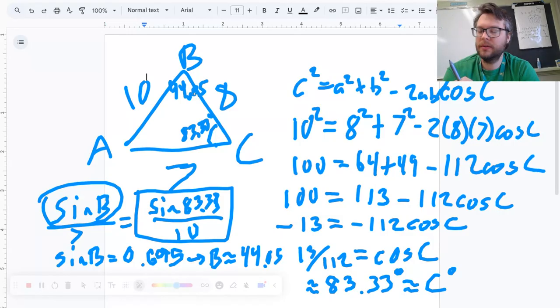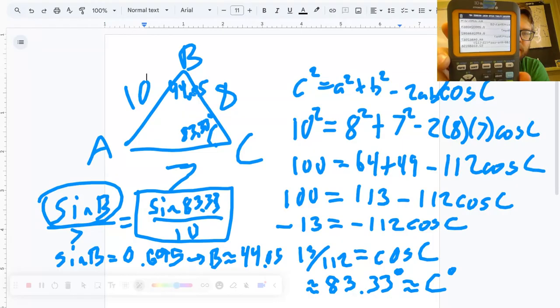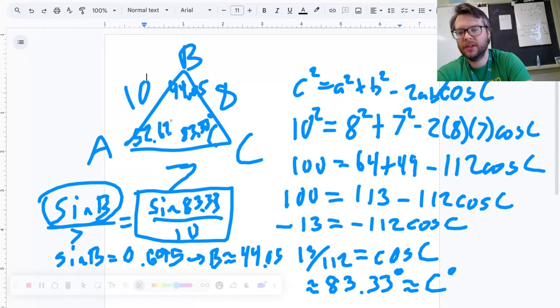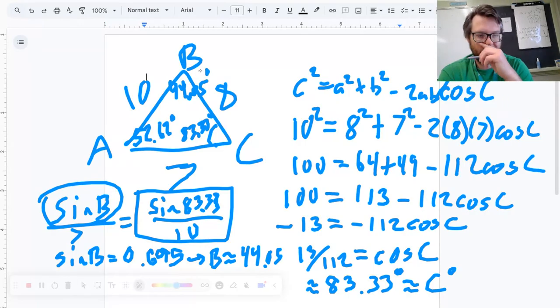As a good reminder, the three angles all add up to 180 degrees. So I can go 180 minus my sine answer, minus my cosine answer, and I get the other angle, 52.62.